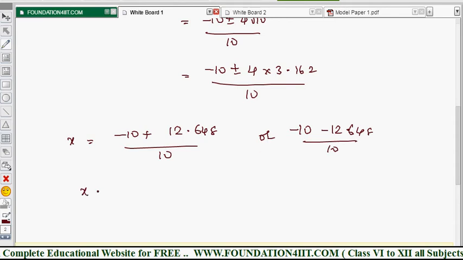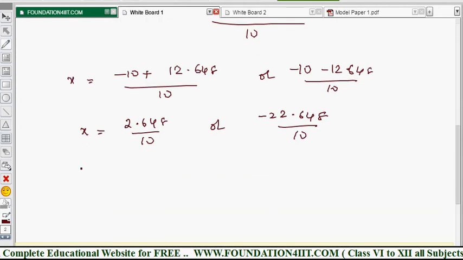Take plus and minus separately. Then minus 10 plus 12.648 is 2.648 divided by 10, or minus 10 minus 12.648 is minus 22.648 divided by 10.